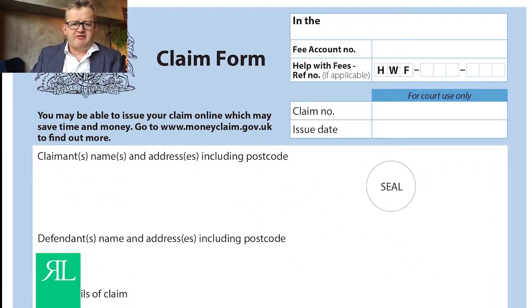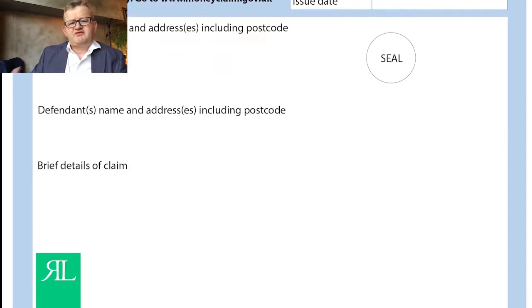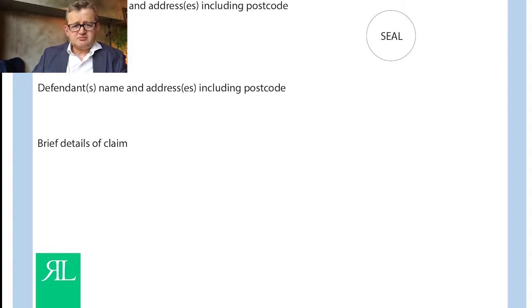Usually, though not always, you can specify the sum of money. At the top right of the form is all court stuff. When it's officially stamped, sealed by the court and sent out, they'll fill in all of that and give it a claim number. You've then got your name, your opponent's name, and brief details of the claim.